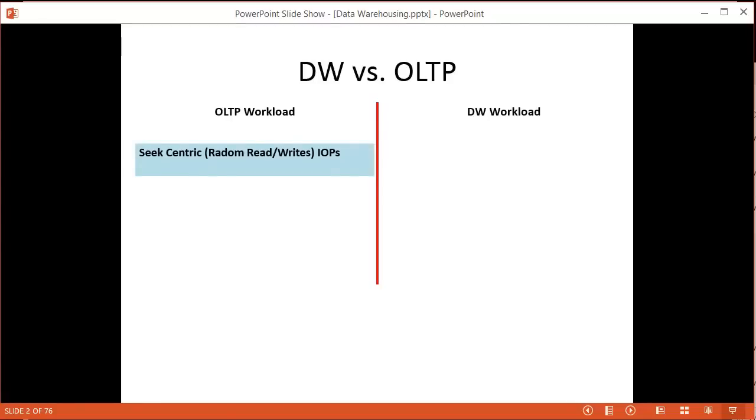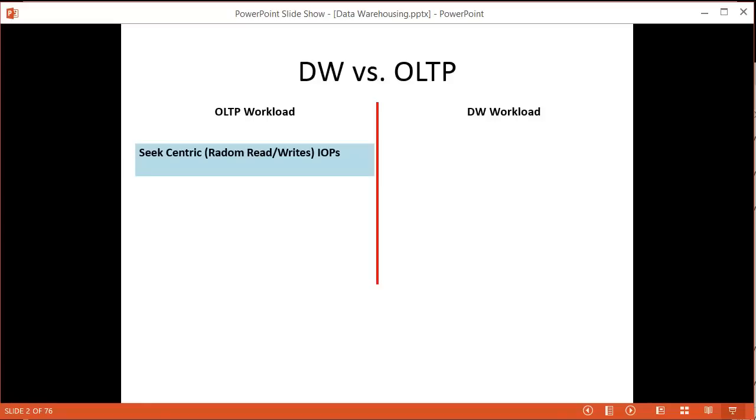So, to begin with OLTP systems, these are fundamentally seek-centric workloads, characterized by random reads and writes. One of the more popular metrics whenever you purchase hardware infrastructure to support this type of workload, and one of the best advertised metrics in terms of performance, is IOPS, or input/output operations per second.